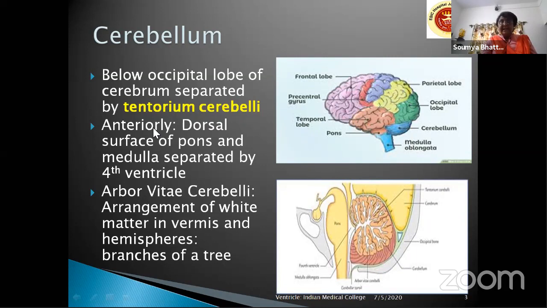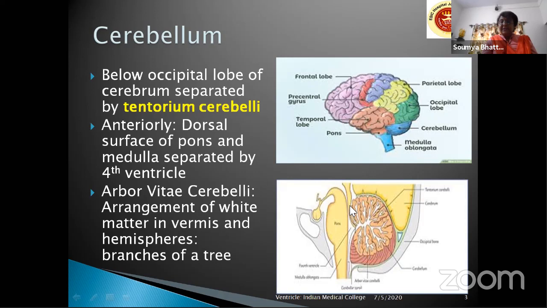Now, anteriorly, the dorsal surface of the pons. Coming to the diagram below, identify the parts of the brain stem. You can see the pons, above will be the midbrain and below will be the medulla. Right against the pons, you can see the part of the cerebellum.